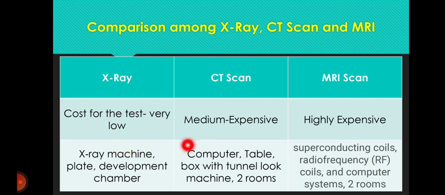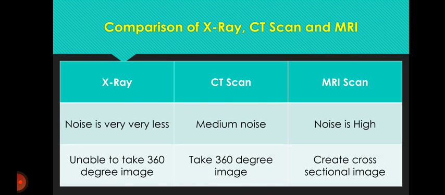But in case of CT scan, the requirement is one computer, one table for the patient, and the machine looks like a box with a tunnel, and 2 rooms are required. In case of MRI scan, superconducting coils, radio frequency coils and a computer with a 2-room facility are required.